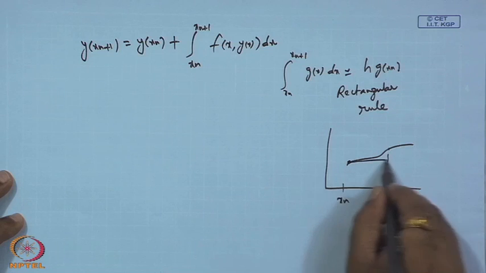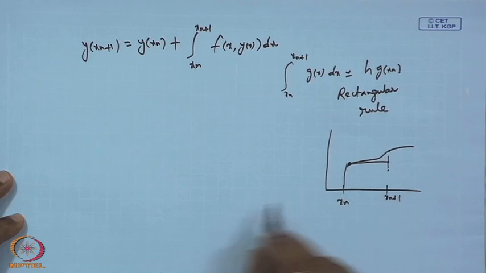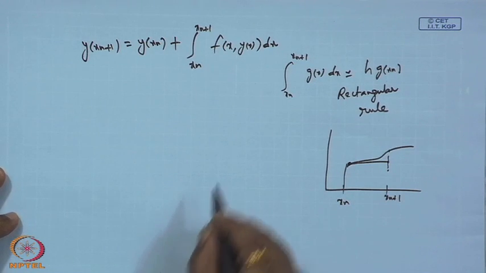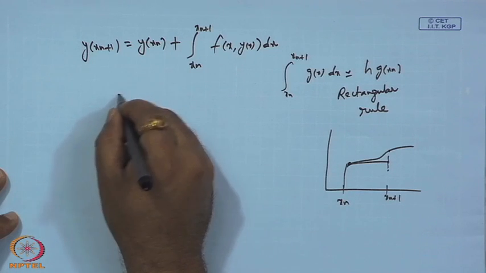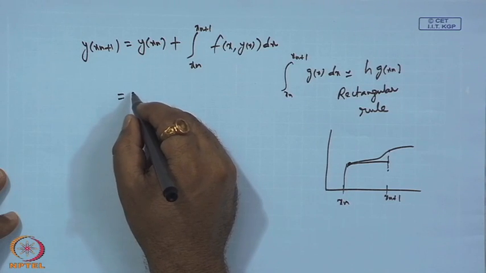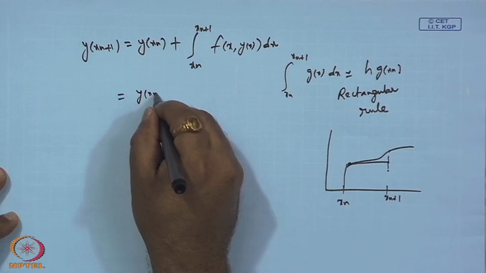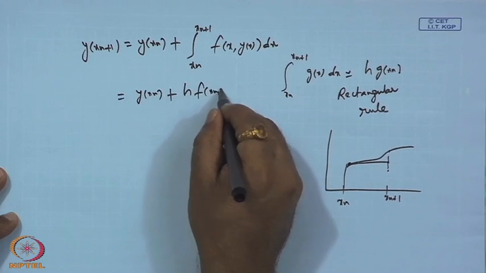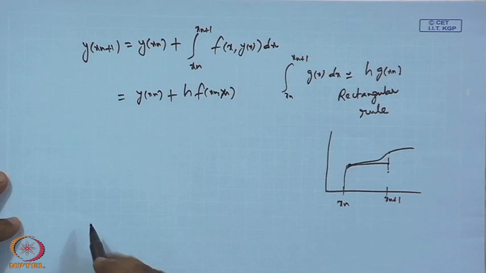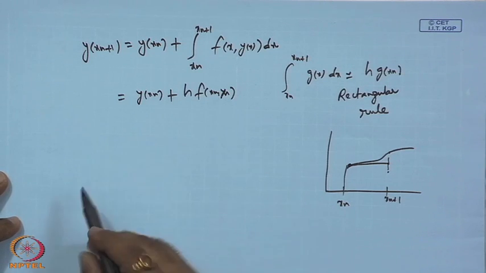So, you are approximating by the rectangular rule. So, if this is the case, then we get from here h times. So, this is Euler.